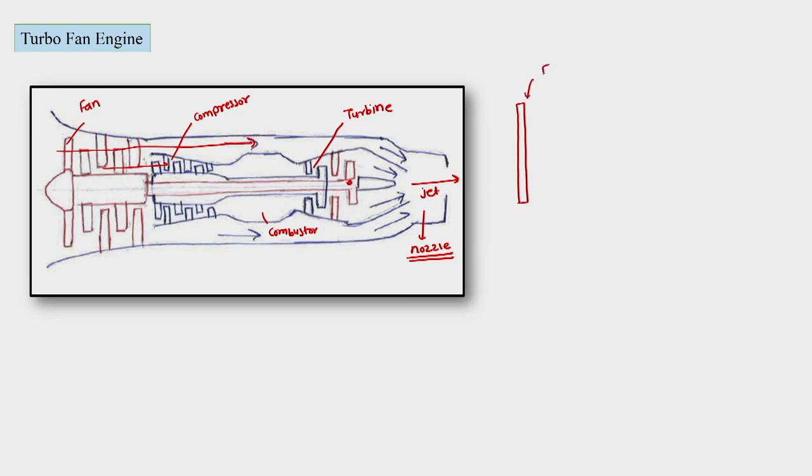So this is fan, and this fan is practically connected with a compressor, and then this compressor is passing the air to the combustion chamber, and from the combustion chamber air will go to the turbine, and after the turbine it will go to the nozzle, and this is moderate speed nozzle.